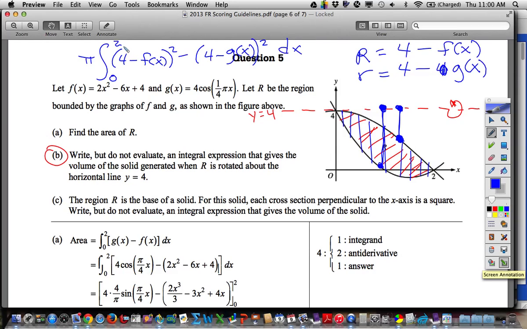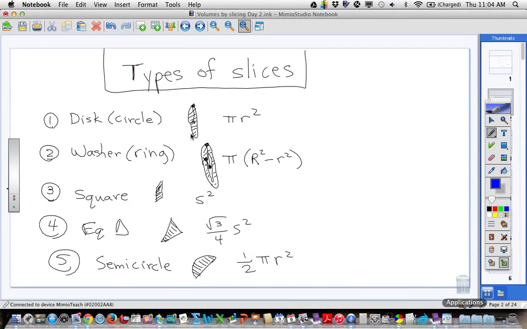So you identify that you need vertical strips, you identify that there's empty space. Anytime we're revolving, it's got to be either disc or washer, okay? Matter of fact, that's not a bad thing to throw into our notes back here on this page. These two here are solids of revolution, right?